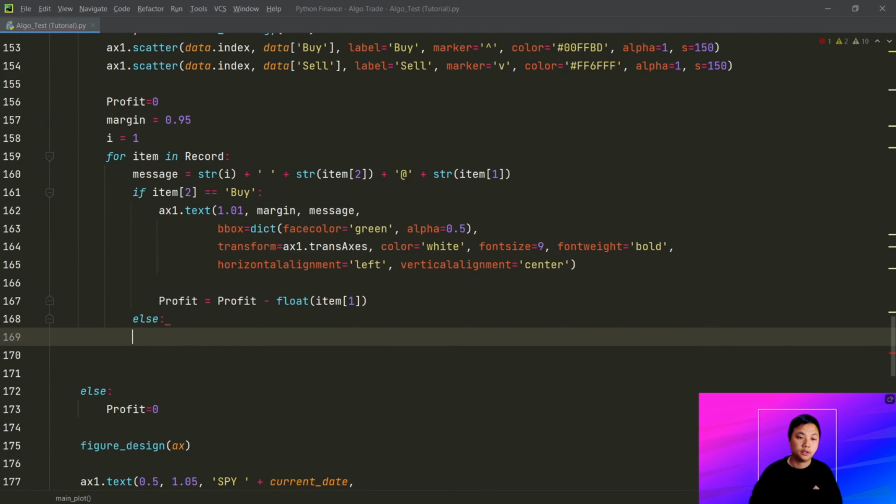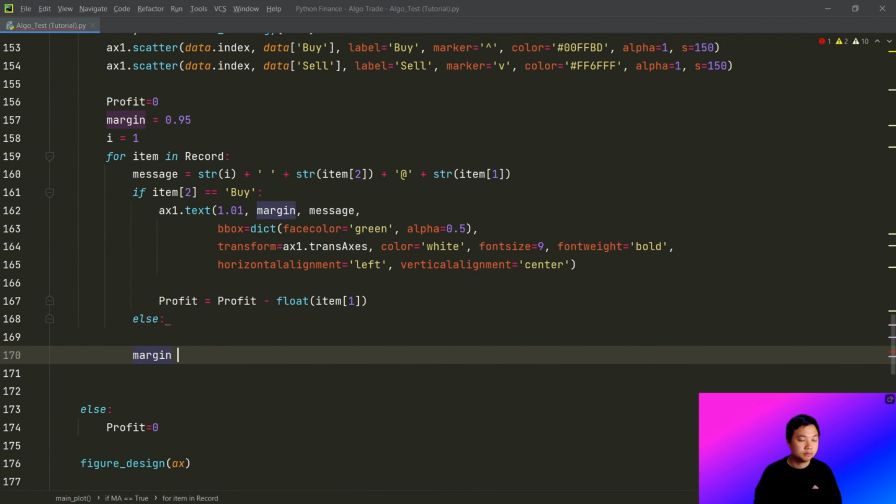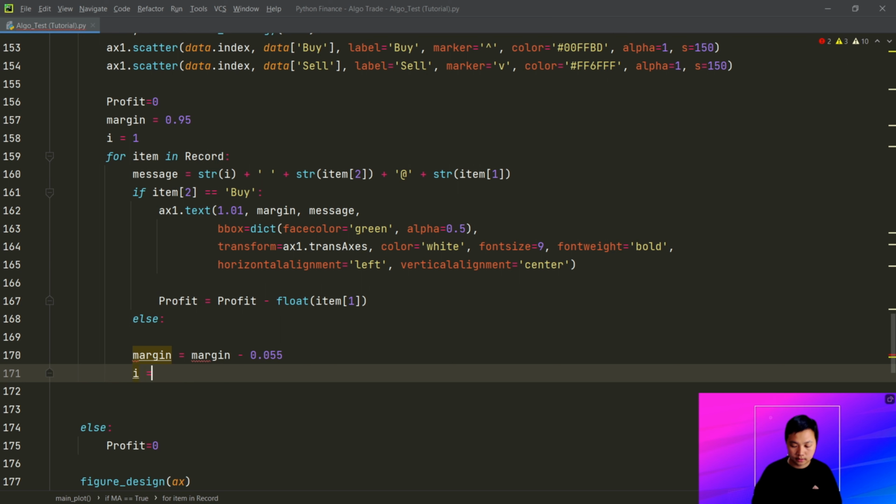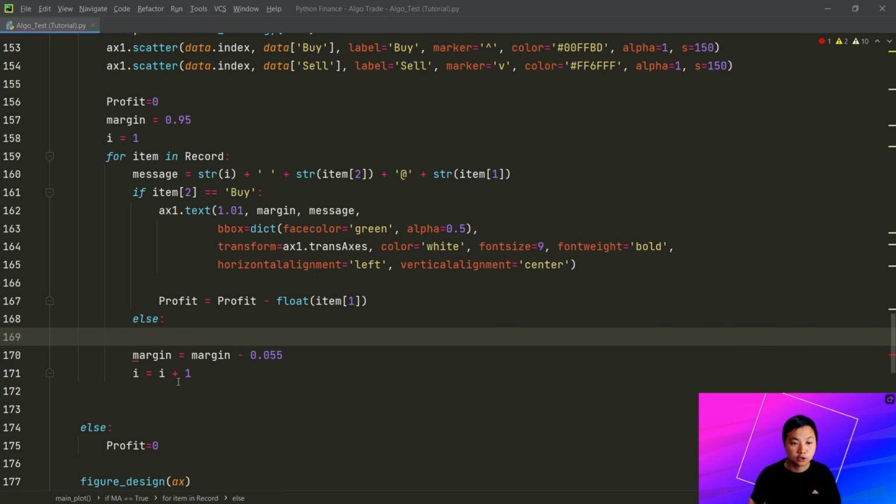Each time, this margin will just minus 0.055. Make sure that it has a lot of overlapping with each other. And then the trade numbers, I will just add 1.